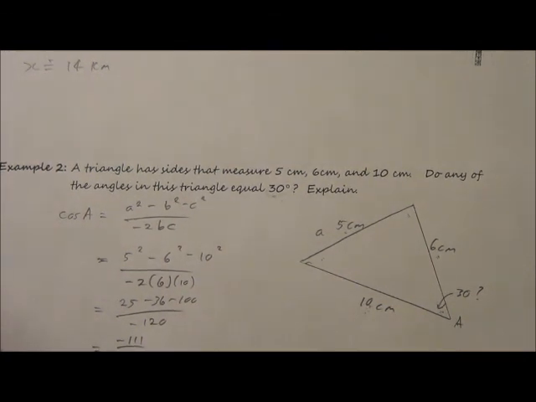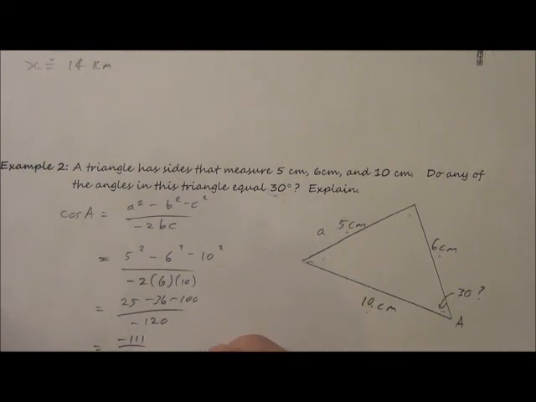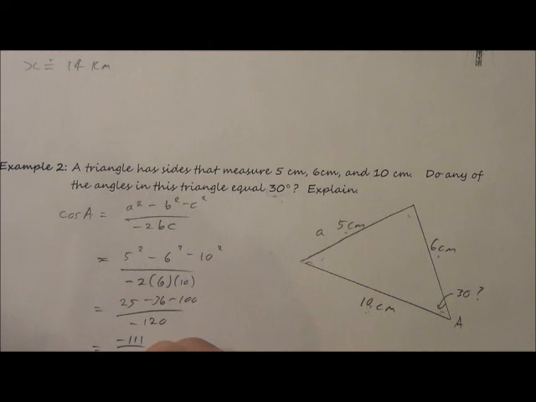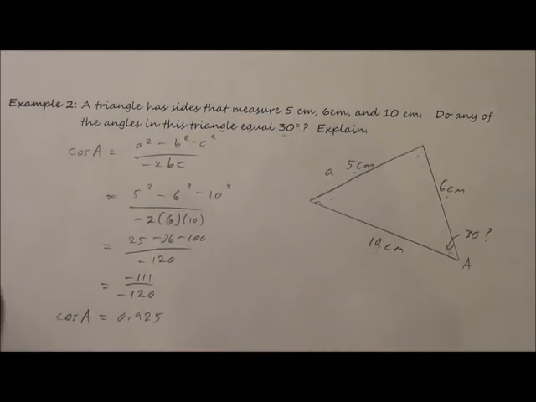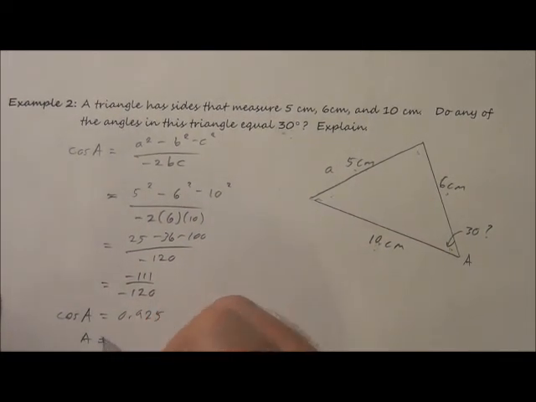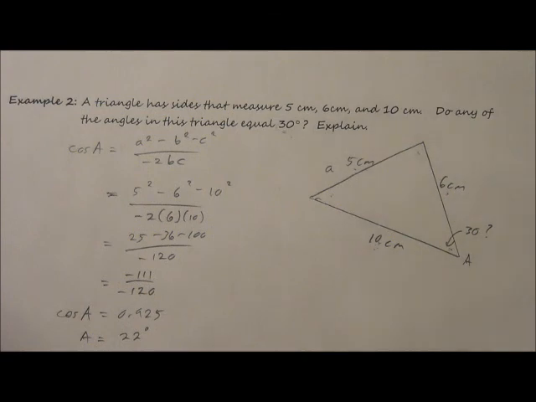And when we divide those, we get 0.925. And therefore A is the inverse cosine of that. And we get approximately 22 degrees.